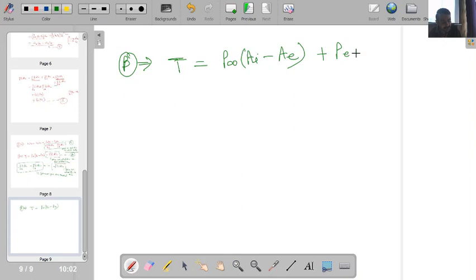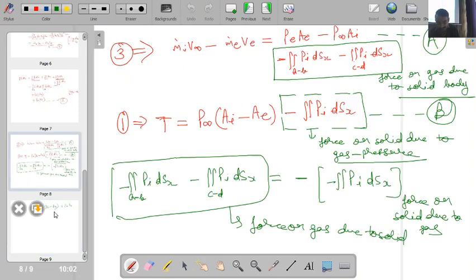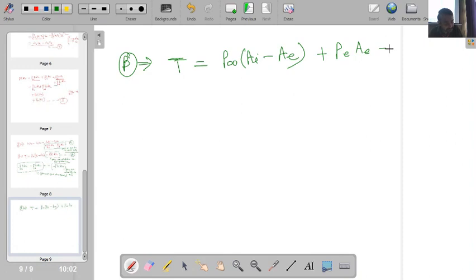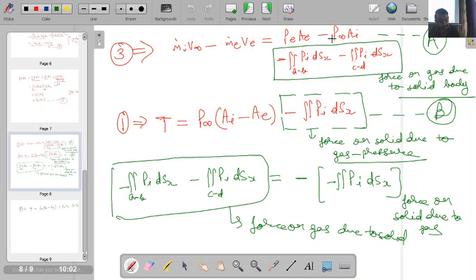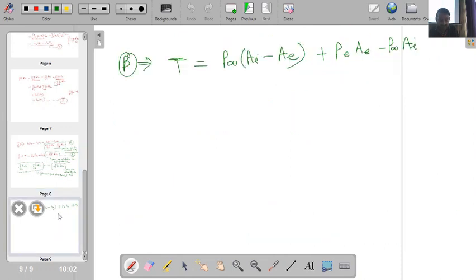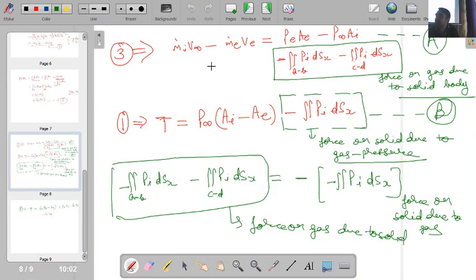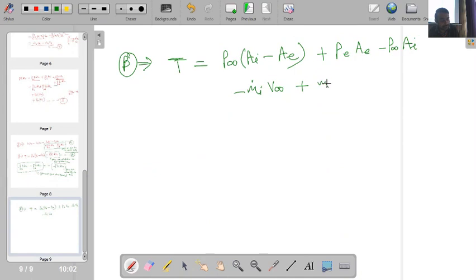Plus PE AE minus P infinity, and then this will become, with negative sign, minus m dot I V infinity. Is this point clear? Plus m dot E into V. Are you understanding what I have done?